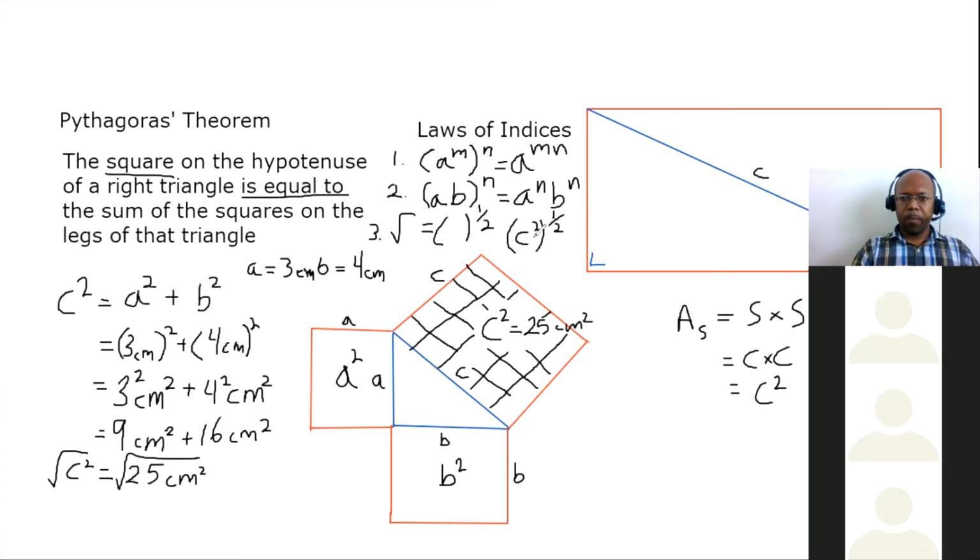Right? And if I follow this rule here, then it's 2 times half, or half of 2, which gives me c to the power 1. But do we write the 1? Will we write the 1, guys? No. No, it's understood. And what about this one here?